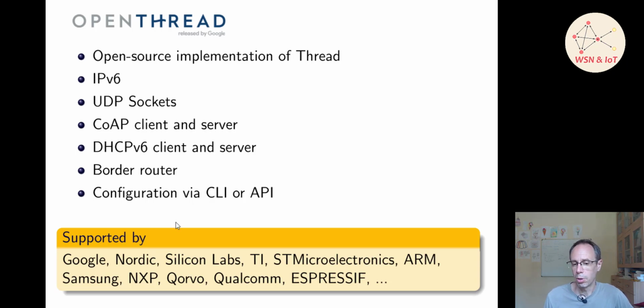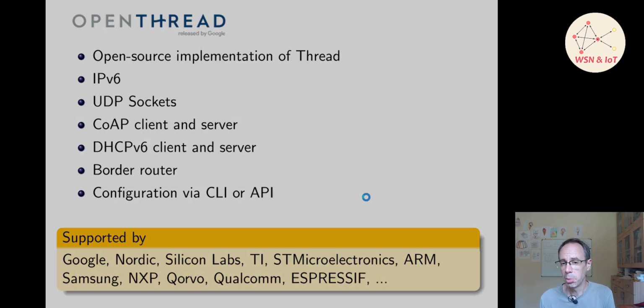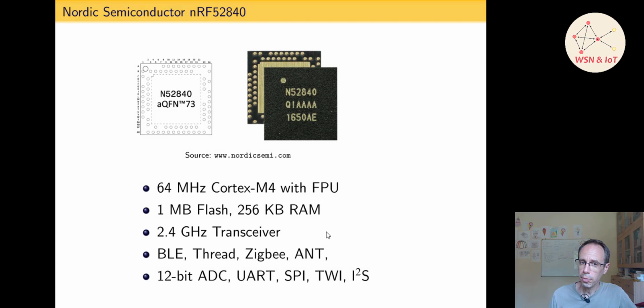OpenThread is already supported by a lot of companies like Google, Nordic Semiconductor, Silicon Labs, Texas Instruments and a lot of others. Today we want to use hardware from Nordic Semiconductor. Nordic Semiconductor has a chip, a microcontroller, nRF52840, which is quite powerful.